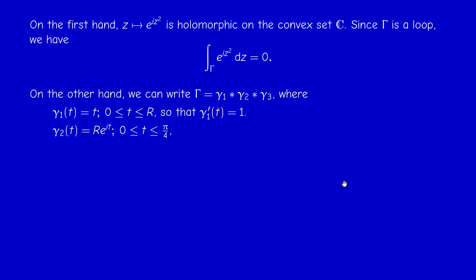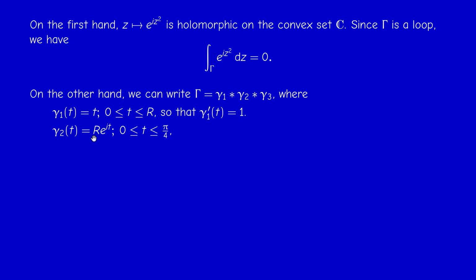Now gamma 2 is, of course, a part of the circle. The radius is r, and the angle is between 0 and pi over 4, because it's a 45 degree rotation. This is a classical result, so you should know it. Or we can write it as r cosine t plus i r sine t, if you like.